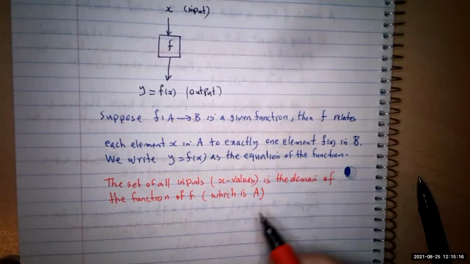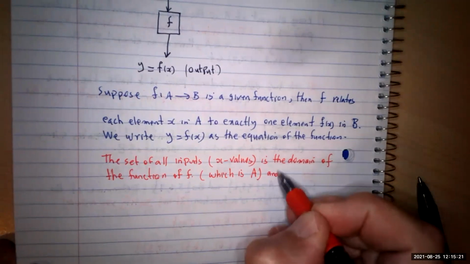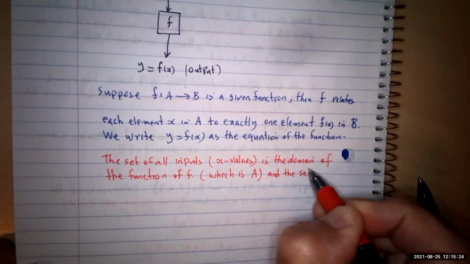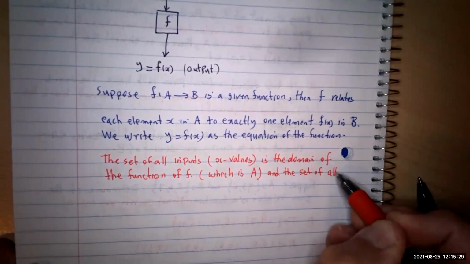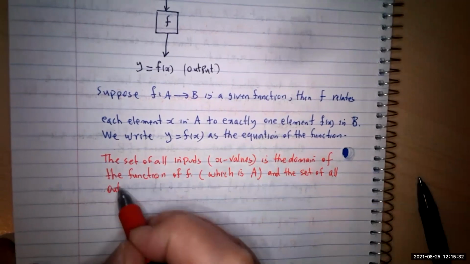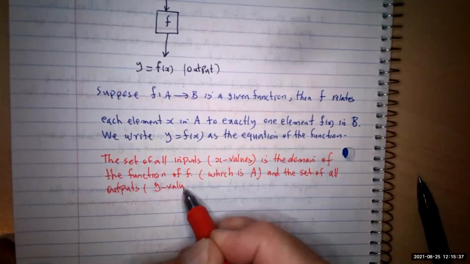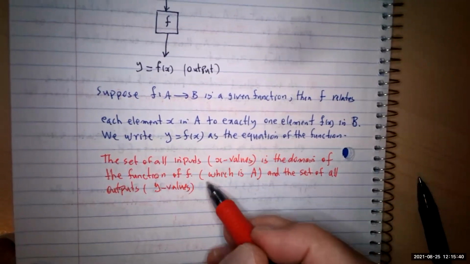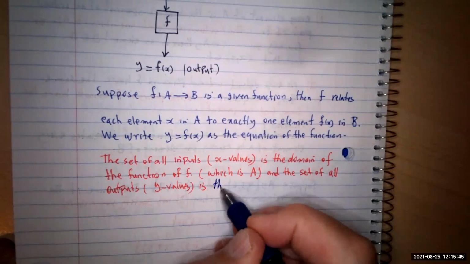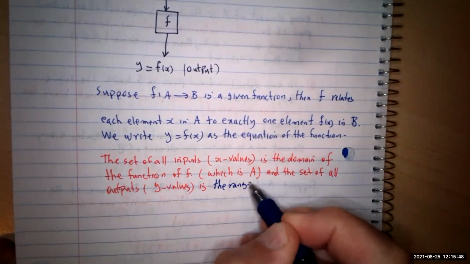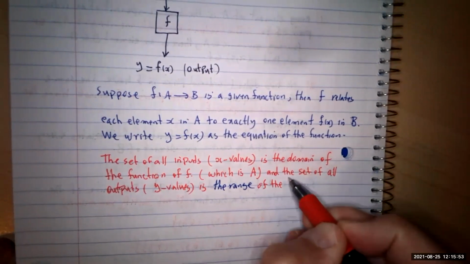Because in this format, the domain is already determined for us, but we call it the domain. And the output, the set of all outputs, in this case those y values, is going to be the range of the function.